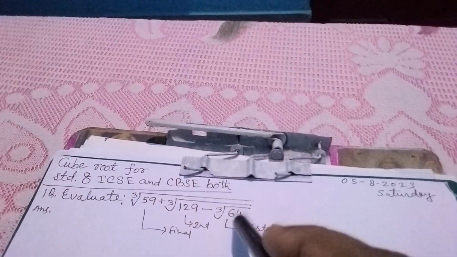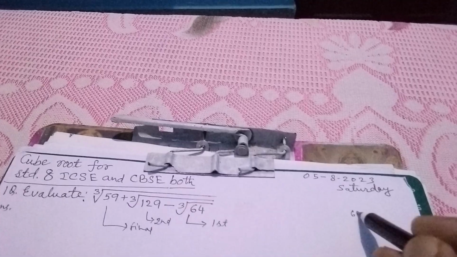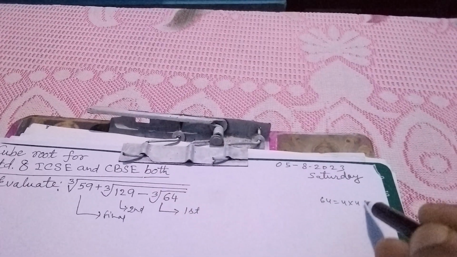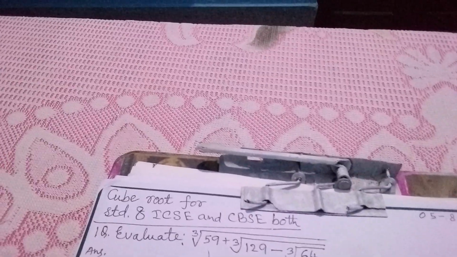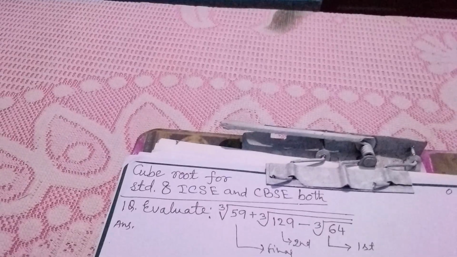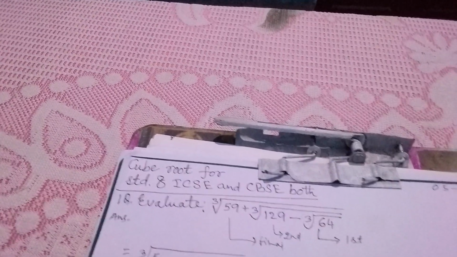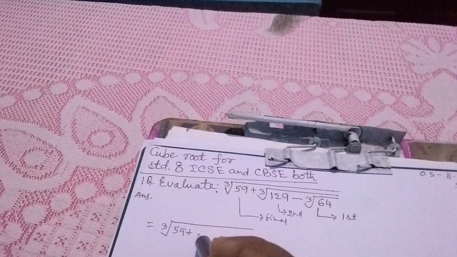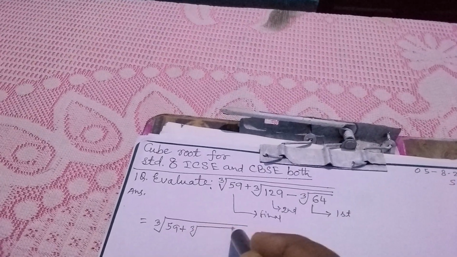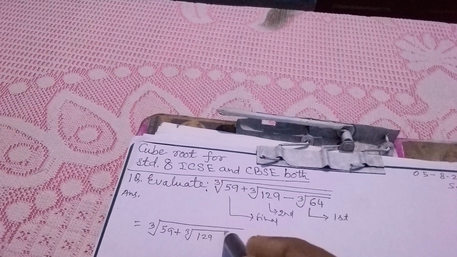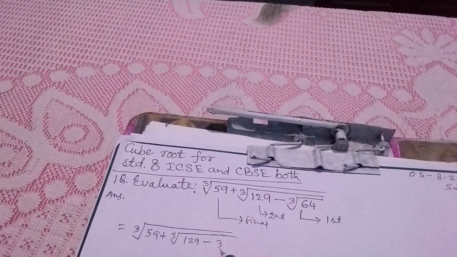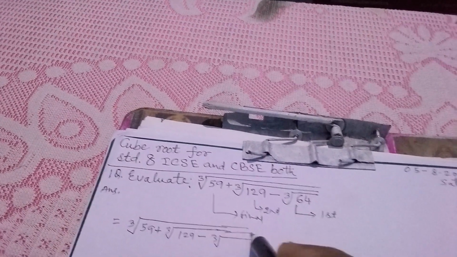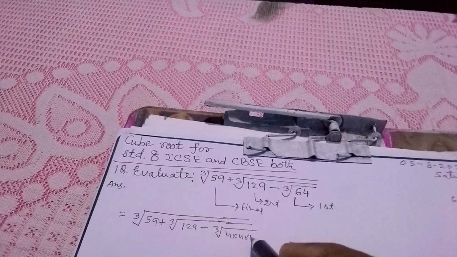First, cube root of 64 we are finding. 64 is equal to 4 into 4 into 4. For these three factors, one factor will be taken out. So this becomes cube root of 59 plus cube root of 129 minus cube root of 4 into 4 into 4.